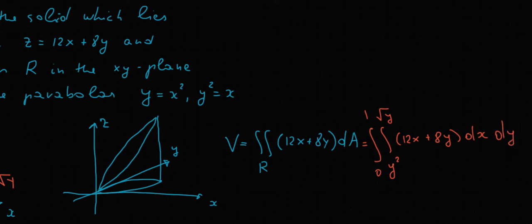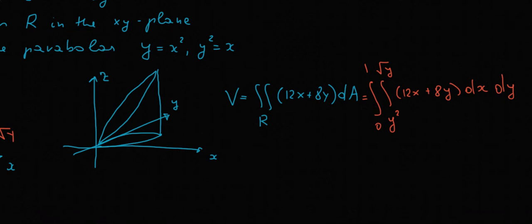And now it's a fairly simple matter to finish this integration. When we integrate over x, 8y is a constant. So the integral of that constant will be that constant times the length of the interval of integration. And the antiderivative of 12x will be 6x squared, which will have to be evaluated at the endpoints of the interval of integration.